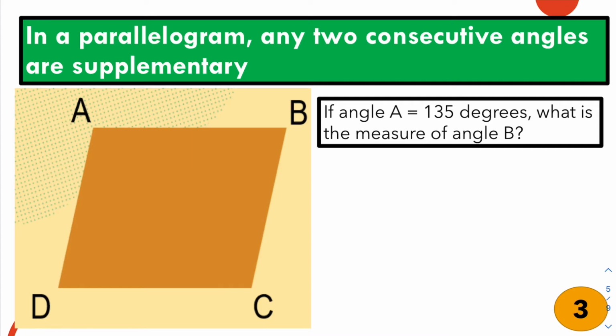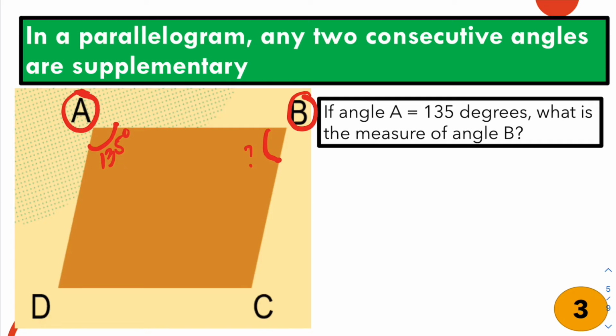Let's have another example. If angle A is equal to 135 degrees and angle B is the unknown, what do you think is the measure of angle B? Now, let us first identify the relationship of angle B and angle A. Okay, angle A and angle B are consecutive angles.